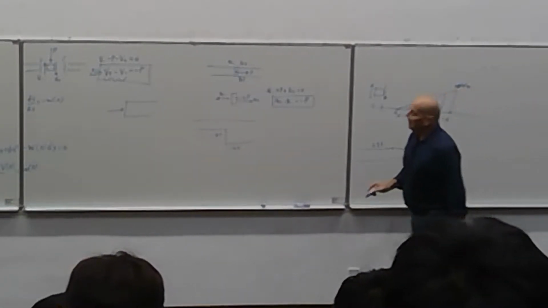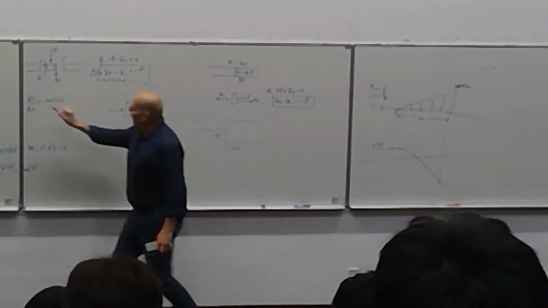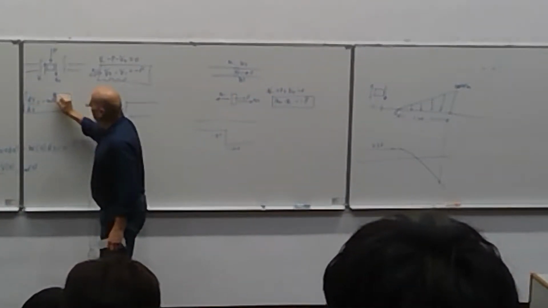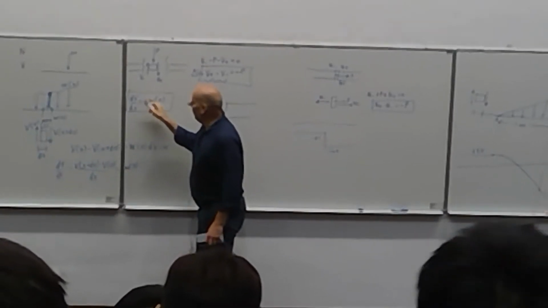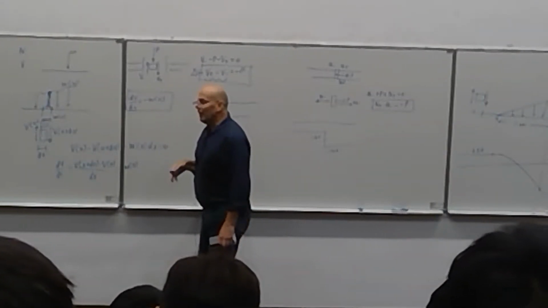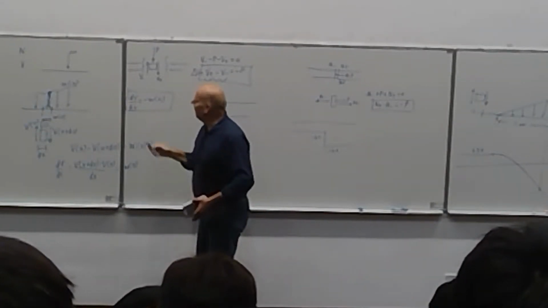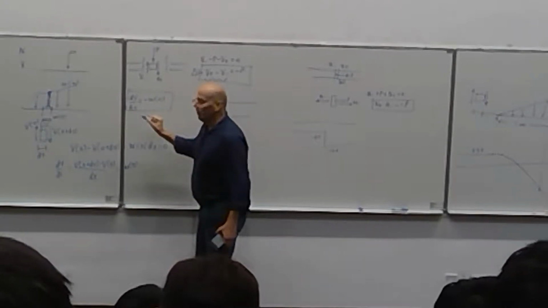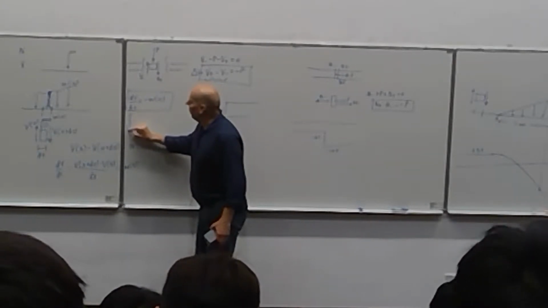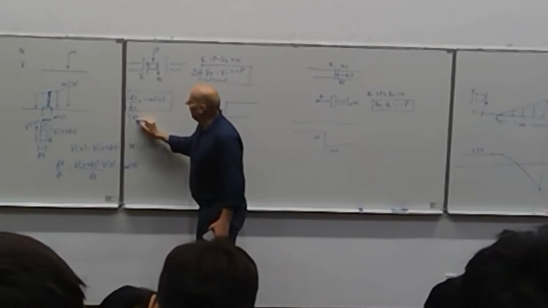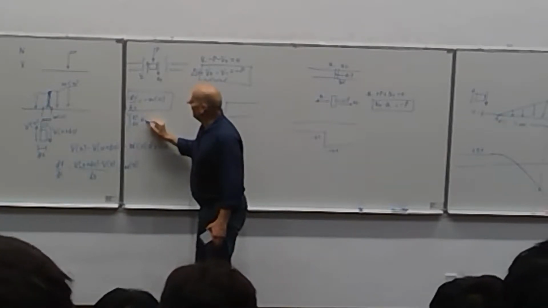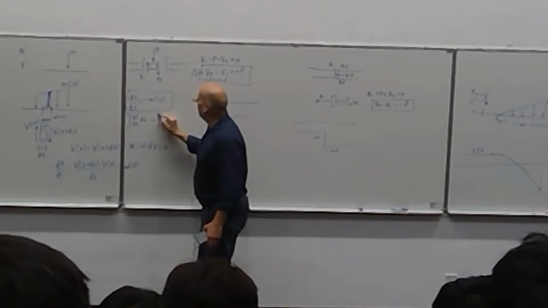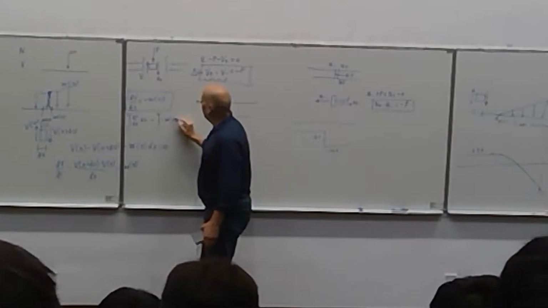Whenever we have a formula in this form, any formula which is written in a differential way can be written also in an integral way. That means I could integrate between points 1 and 2. The integral from point 1 to 2 of dV over dx times dx is equal to the integral from 1 to 2 of minus w of x dx.